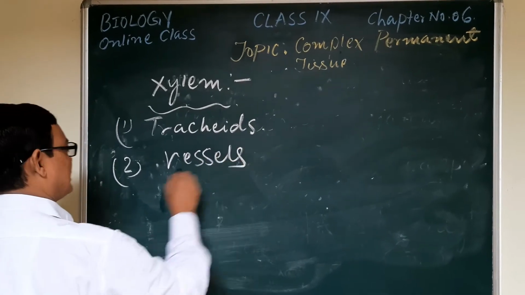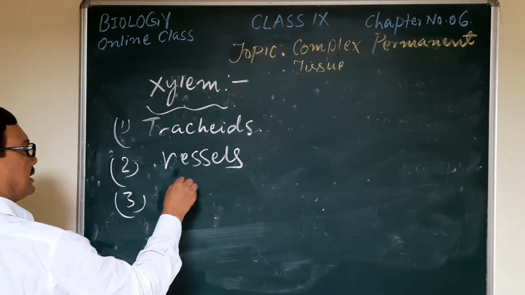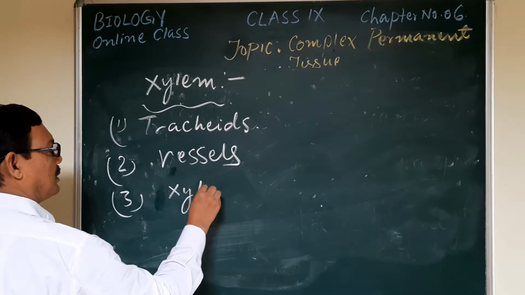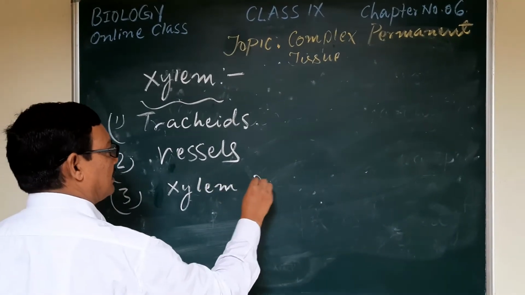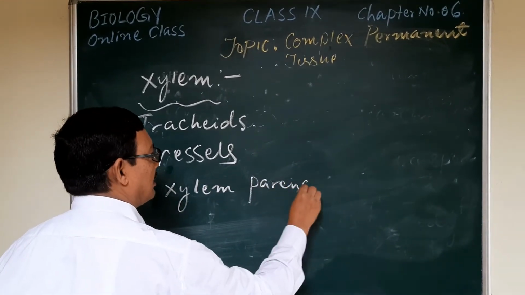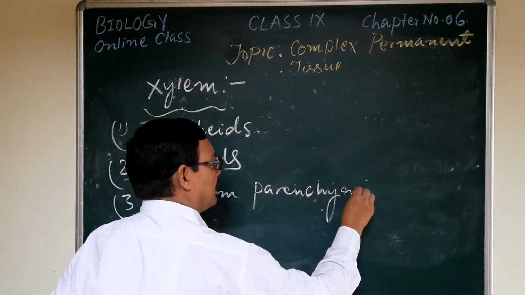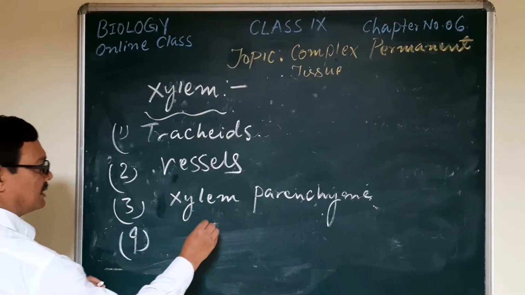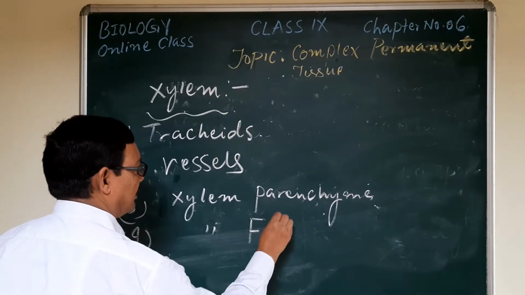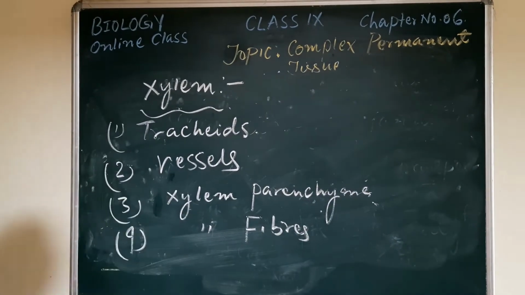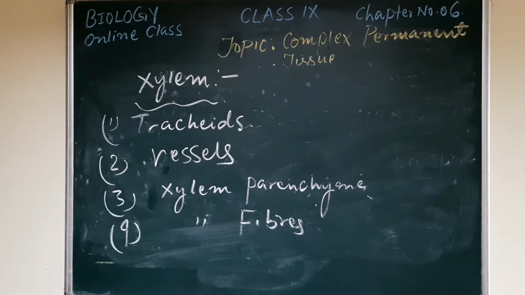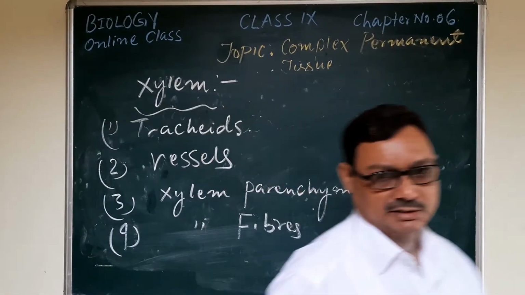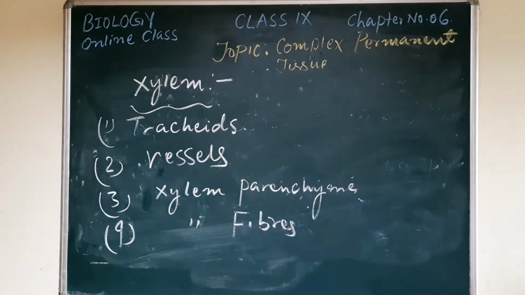Number three, xylem parenchyma. And number four, xylem fibers. So these are the four different elements which constitute the xylem tissue.